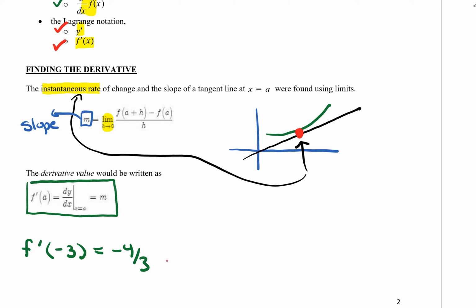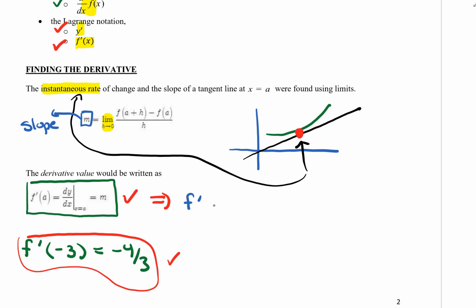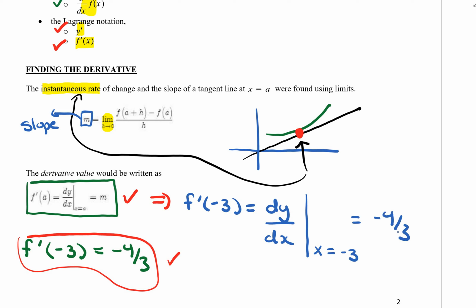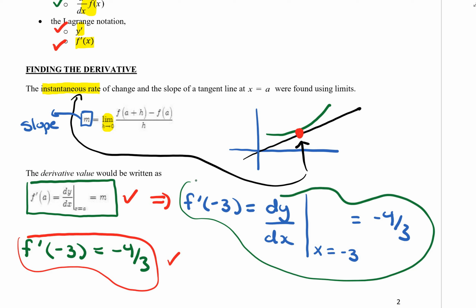I generally write this because it's shorter, but you can also use this notation right here, so that if I applied this particular instruction to the above box, that would be f prime of negative 3 equals dy over dx, a vertical line, and our x value is going to be negative 3, and that equals negative 4/3.